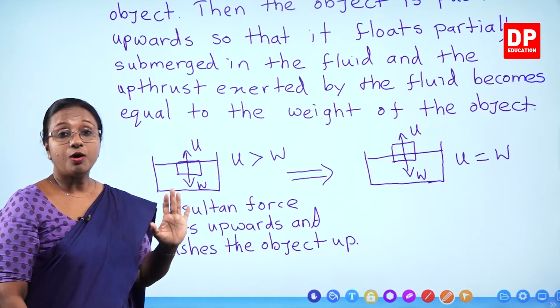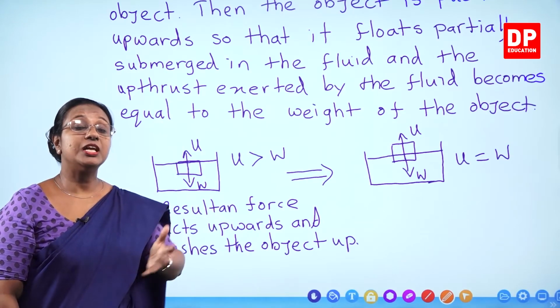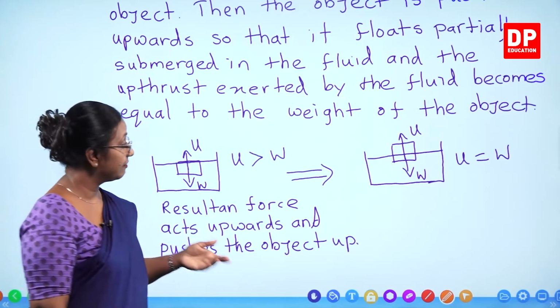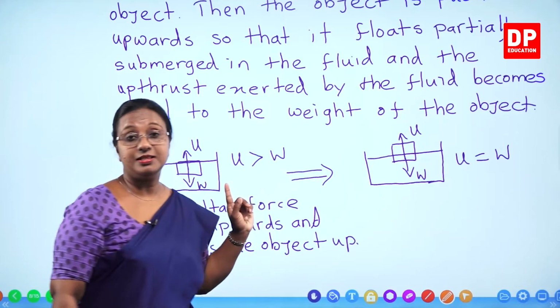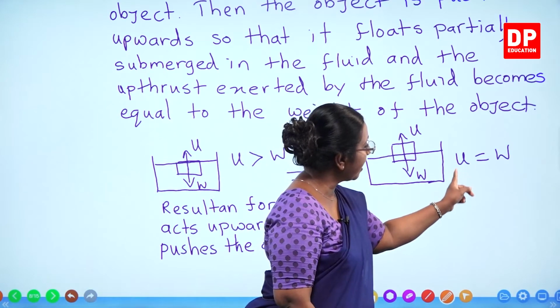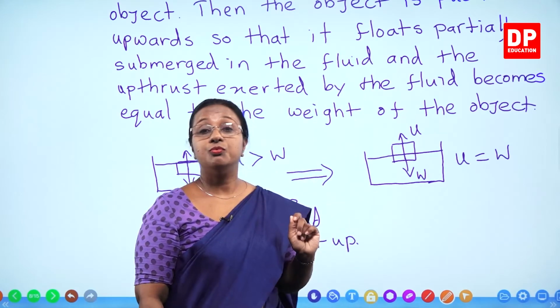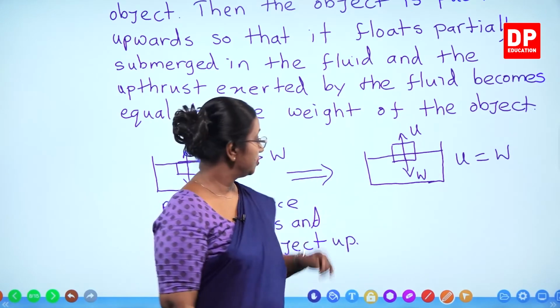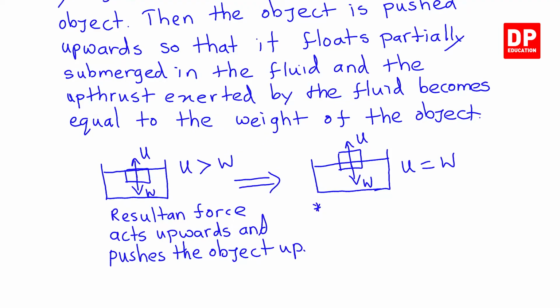So there, when you release the push, the object adjusts itself so that it becomes like this, partially submerged and floating. There again, upthrust will be equal to the weight of the object. So here, the object will be partially submerged and floating.